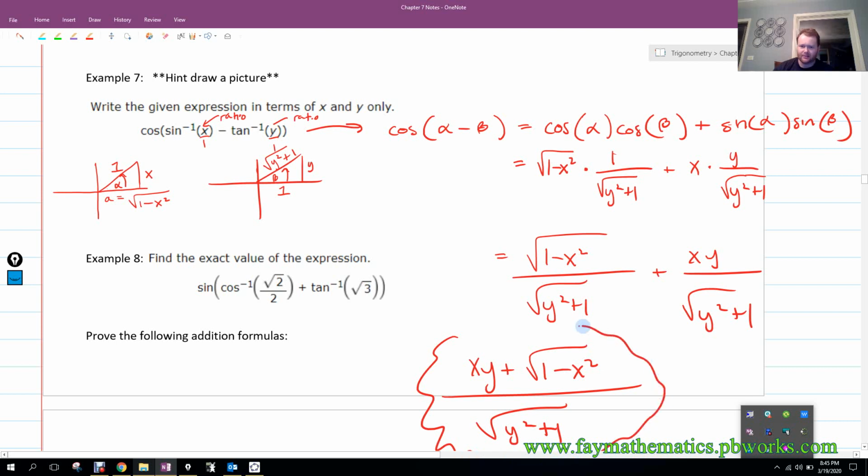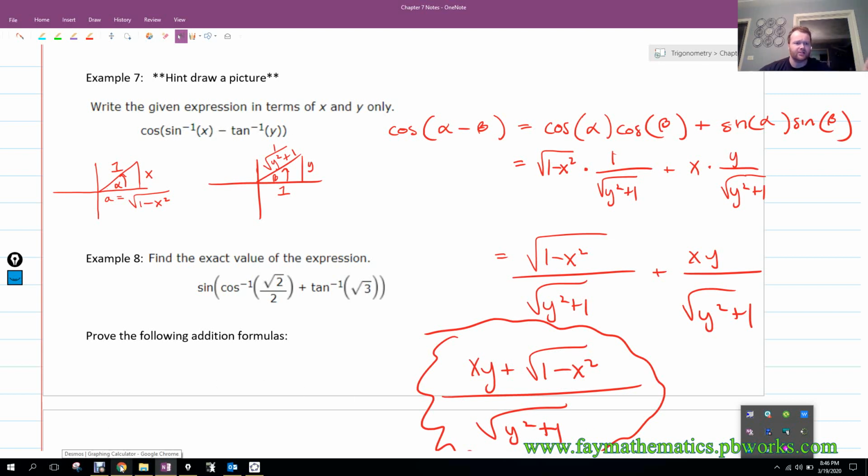What that does is it takes a trigonometric equation and puts it into purely algebraic form. There are no trig functions left over.